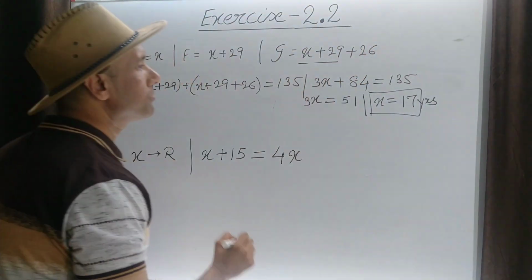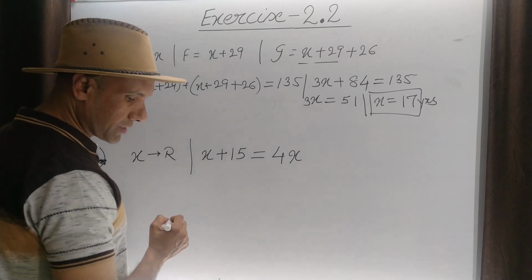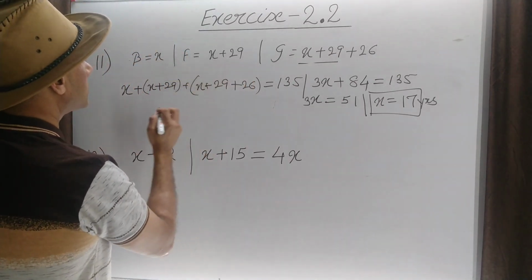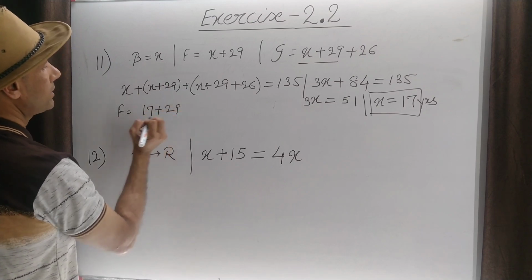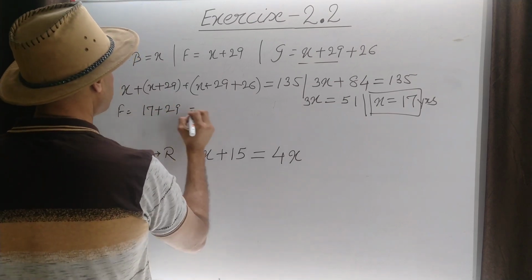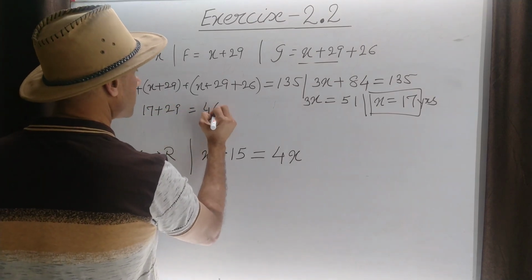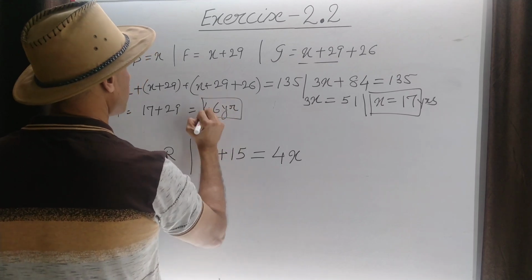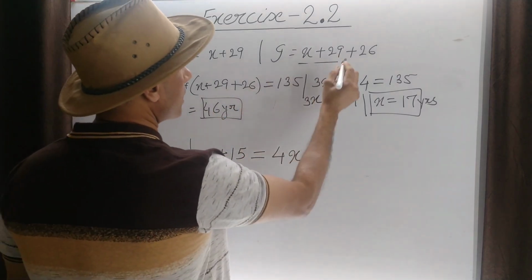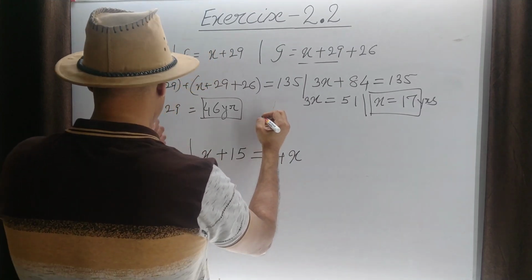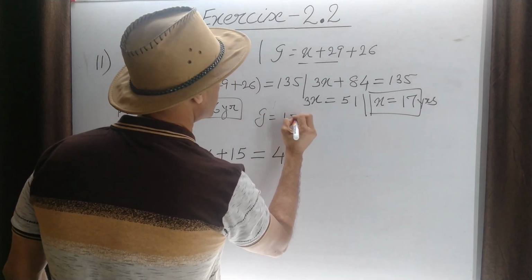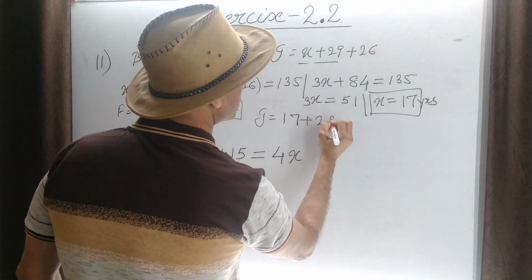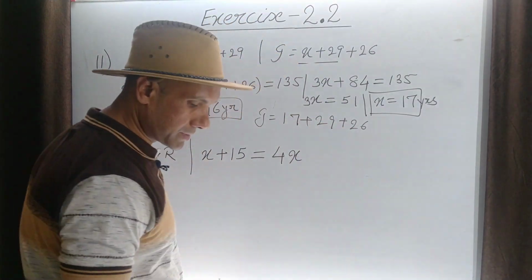Okay, so what will be his father's age? Baichung's father's age will be 17 plus 29. That equals 46 years. Okay, Baichung's father's age. Grandfather's age will be 17 years plus 29 plus 26.